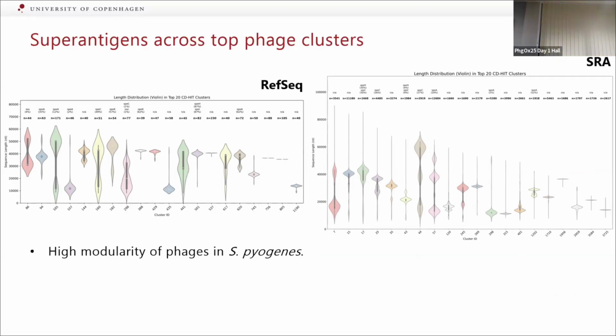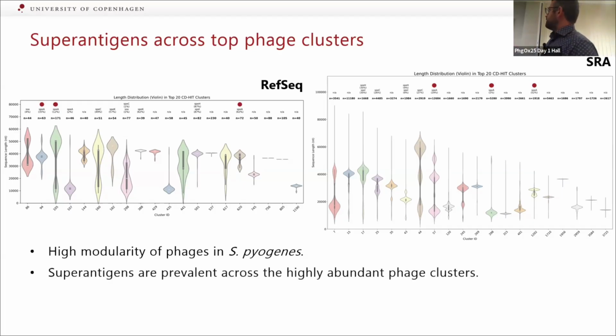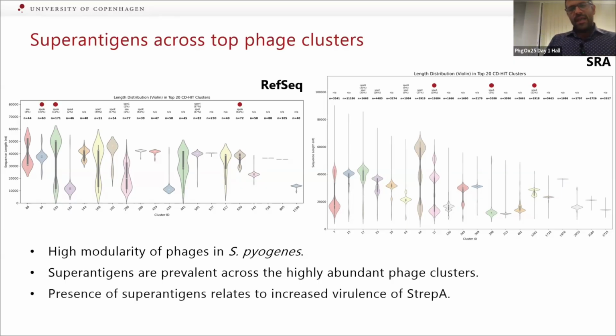Some of the groups were very consistent in terms of size, as you see in this one, but then you have other groups like this one, where there were different fractions, different sizes of phages in the same group. It also showed how important the superantigens are, because in the top clusters, SPEA, which is one of the most prevalent, was quite evident in several of the top clusters of mobile genetic elements. So they're quite prevalent and highly abundant, and it indeed relates to the increased virulence of Strep A.